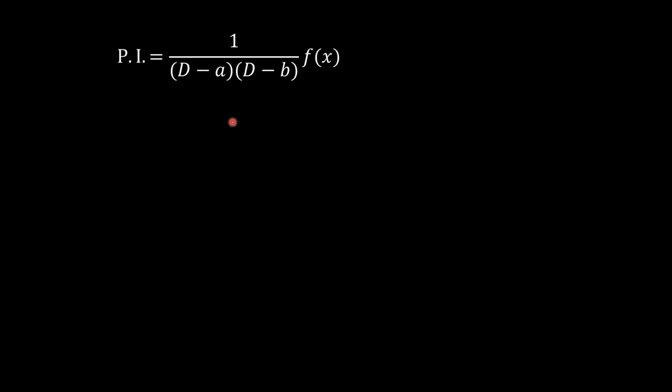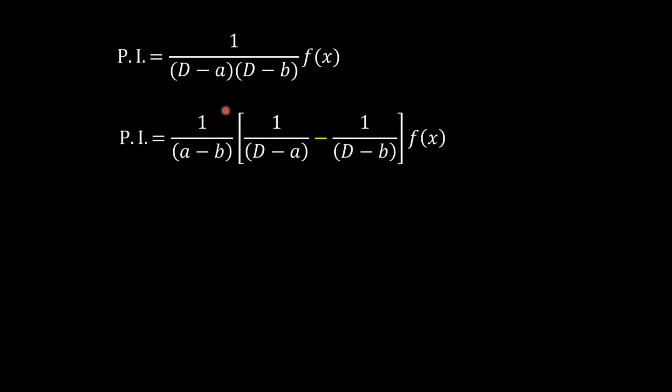For the particular integral 1 upon (D minus a)(D minus b) of f of x, what we can do here is obtain the partial fractions. This can be obtained as 1 upon (a minus b) into [1 upon (D minus a) minus 1 upon (D minus b)] of f of x.